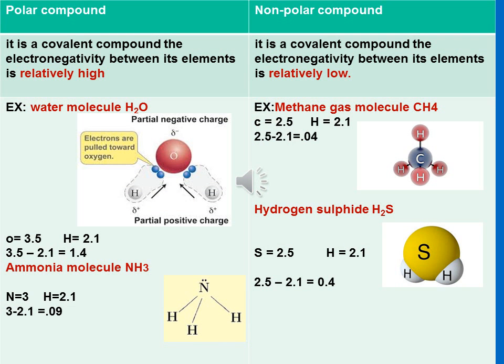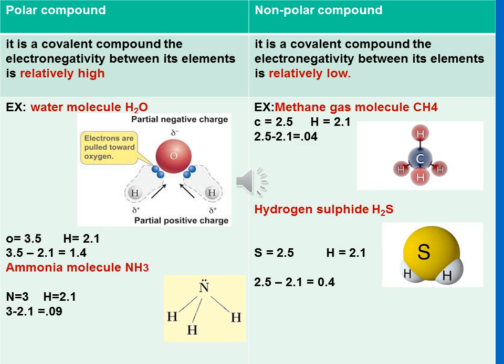Here we have a comparison between polar compounds and nonpolar compounds. We said in polar compounds the electronegativity difference is relatively high. So the polar compound is a covalent compound and the electronegativity difference between its elements is relatively high. But in nonpolar compounds, the difference in electronegativity is relatively low.